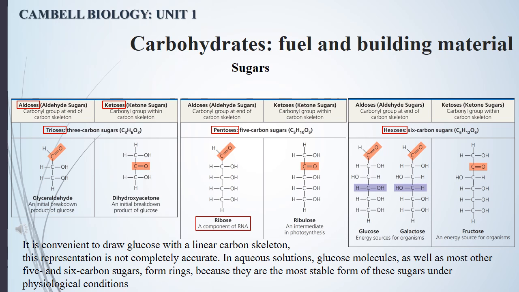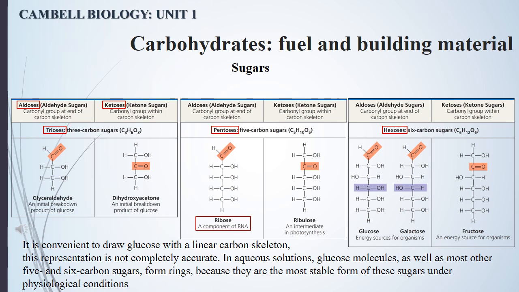The only difference is that OH and hydrogen are switched in places. This seems to be not a big deal, but when we are viewing a biological system in a three-dimensional system, this plays a big role.